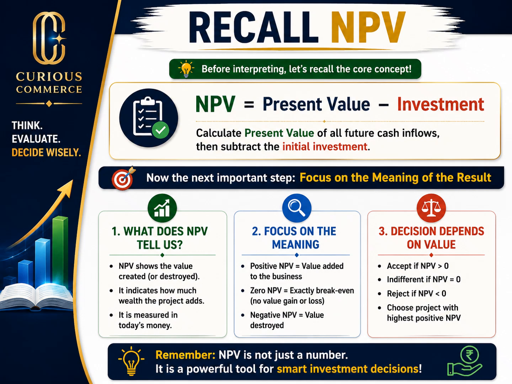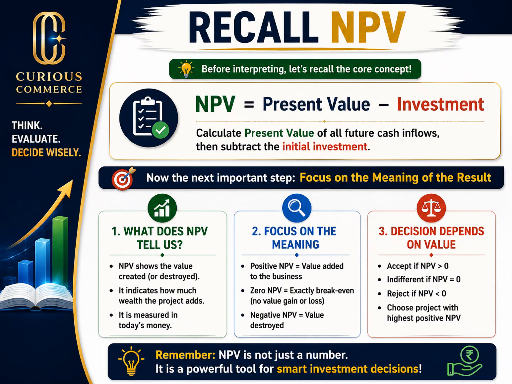Let us take a simple example. Suppose the present value of a project's future cash inflows is rupees 5 lakh. The initial investment is 4 lakh. Therefore, the NPV equals 5 lakh minus 4 lakh, that is 1 lakh. So the NPV is positive by 1 lakh rupees.